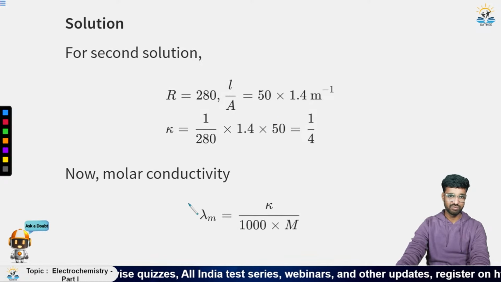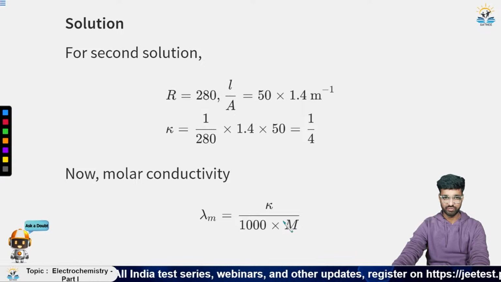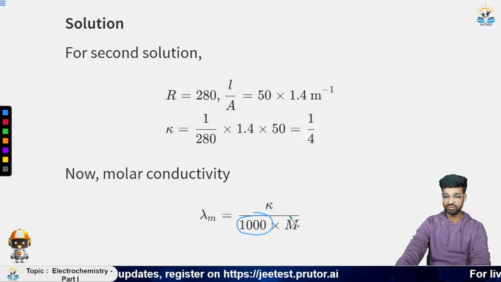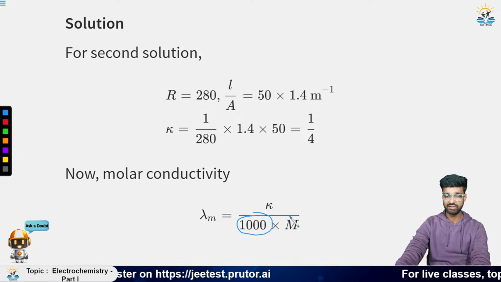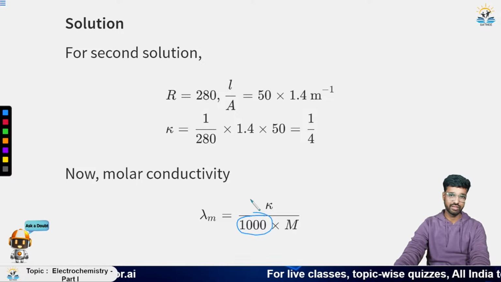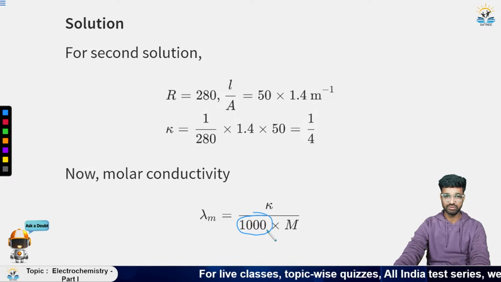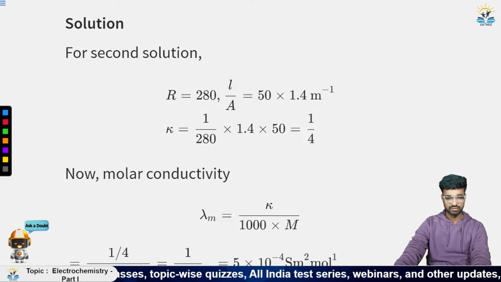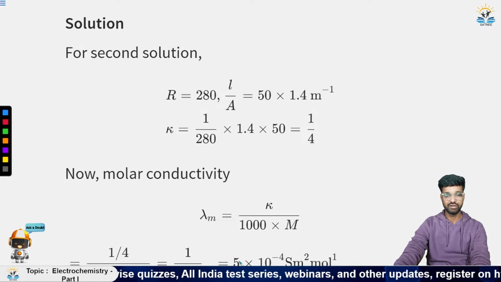Now we calculate the molar conductivity, which is kappa into 1000 by molarity. Why are we using 1000 here? Because we have found kappa in meter, so we convert it into centimeter. So do not get confused about why 1000 is written. This is the final answer: 5 into 10 to the power minus 4.